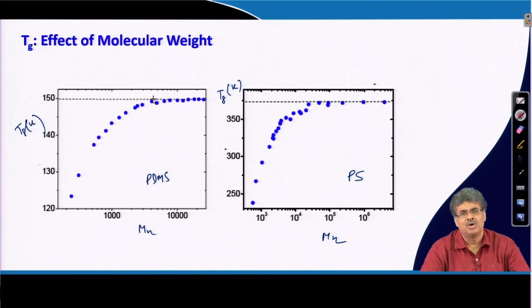You can see that this value is about say 8,000, 9,000, 5,000, in this case about 10,000, and for all practical purposes we deal with molecular weights above this limiting value. Hence, in the molecular weight range we typically use, the Tg value is almost independent of molecular weight.